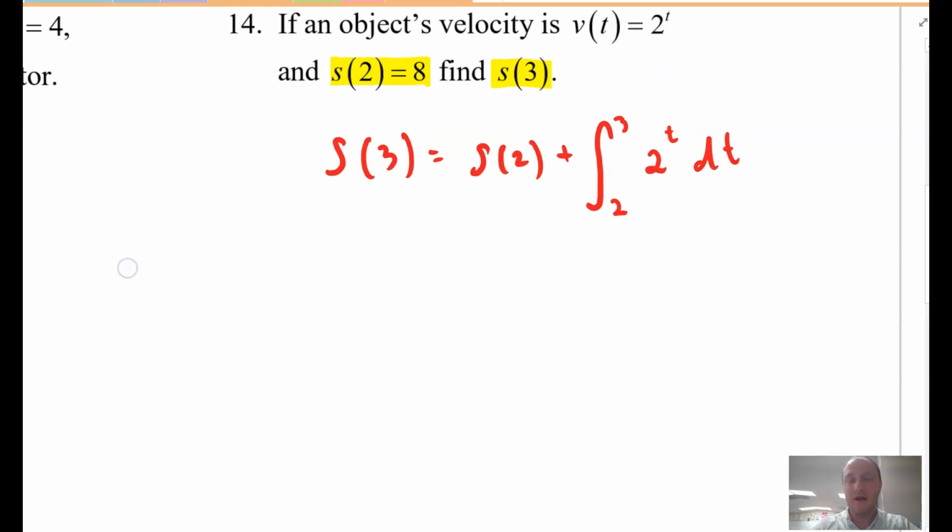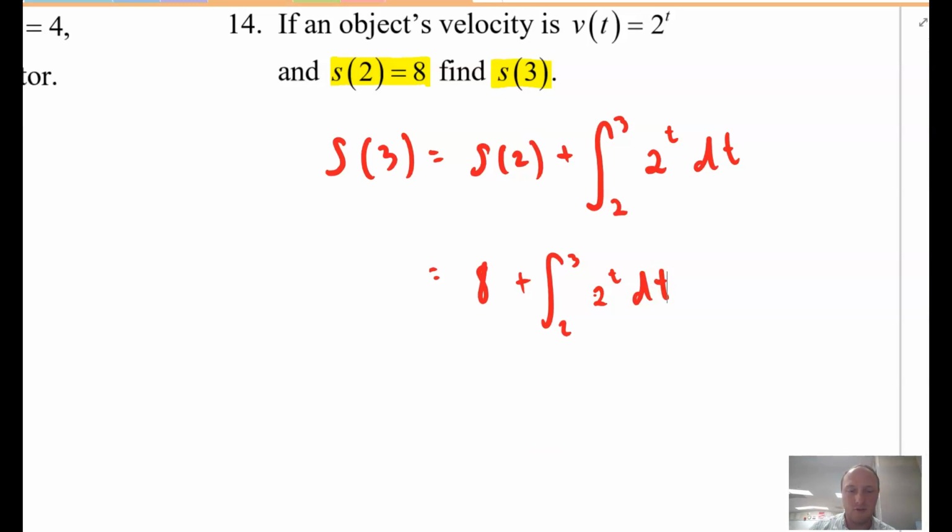And I'm going to replace s of 2, which is 8, plus this value here. Note for our class, we have not integrated an exponential yet, being the key word. So from 2 to 3, 2 to the power of t dt.